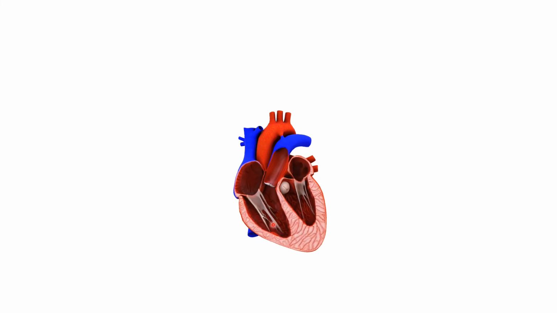From the right ventricle, it will be pumped into the pulmonary artery, heading to the lungs. It's called an artery because it's taking blood away from the heart. From getting to the lungs, there will be reoxygenation, and the blood will return to the left heart via the pulmonary vein. It is called a vein because it's bringing blood back to the heart. Then that will empty into the left atrium.